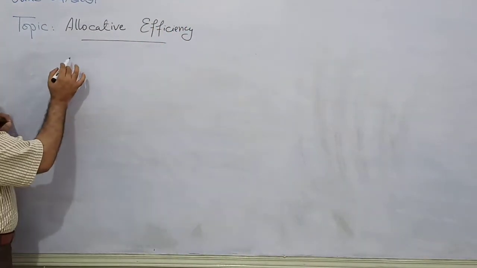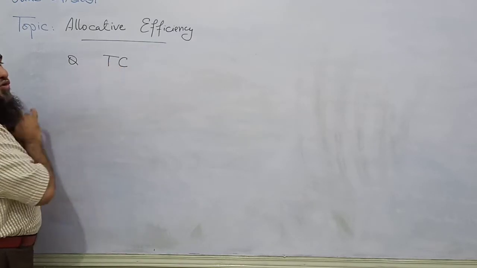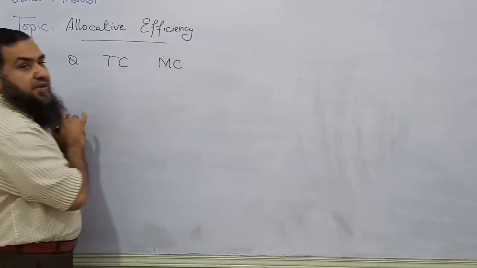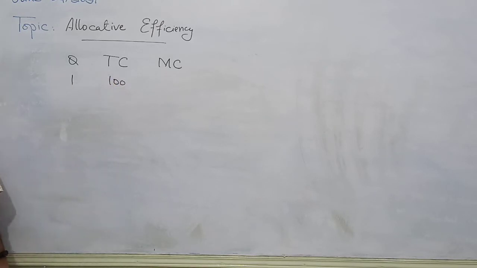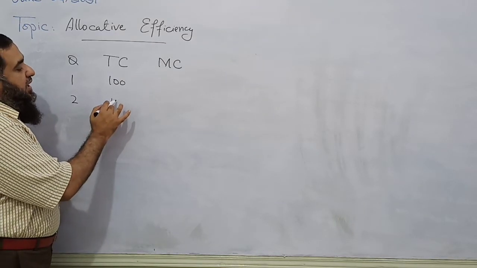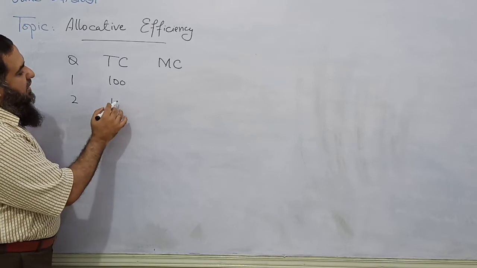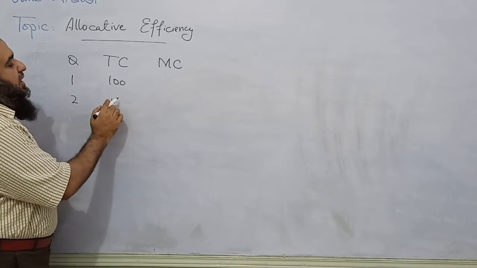What is marginal cost? If I say this is the quantity produced, this is total cost, this is marginal cost. When the first unit is produced, there is 100 total cost. When the second unit is produced, there is going to be 100 and you can see 105, you can see 110.